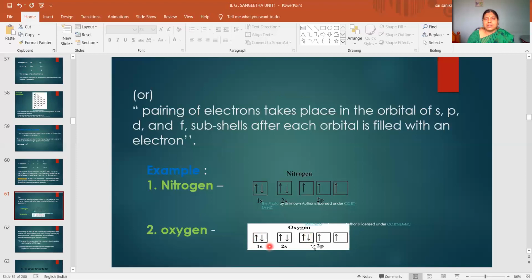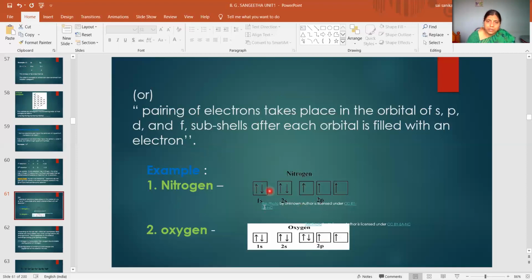The first electron is filled with clockwise spin, that means an upward arrow. Then the next electron pairs with an anti-clockwise spin electron, that is the downward arrow. So pairing starts with the last electron.